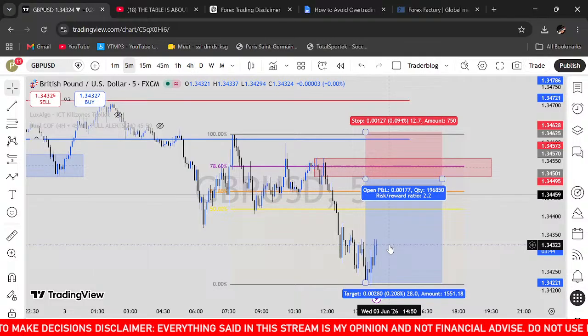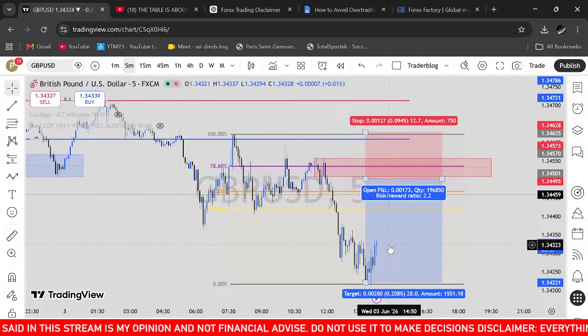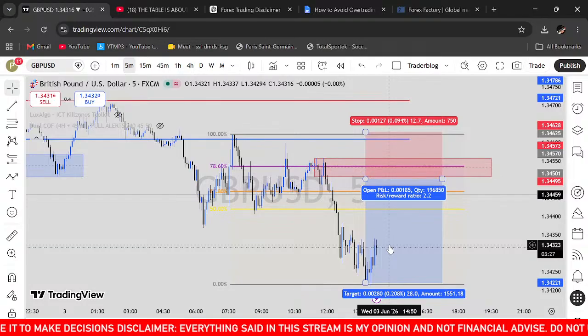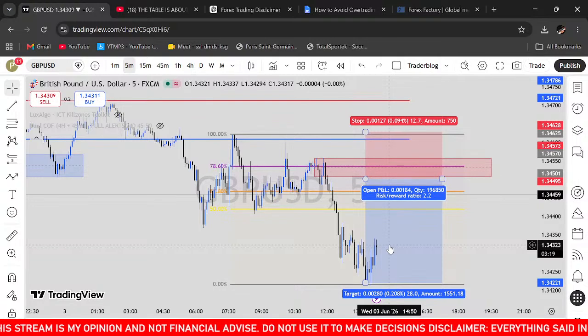Now, some ways that you can avoid overtrading. Now, trading has become much simpler from my perspective. Why is trading much easier? As for me, I'm going to say there has been the introduction of prop firms.